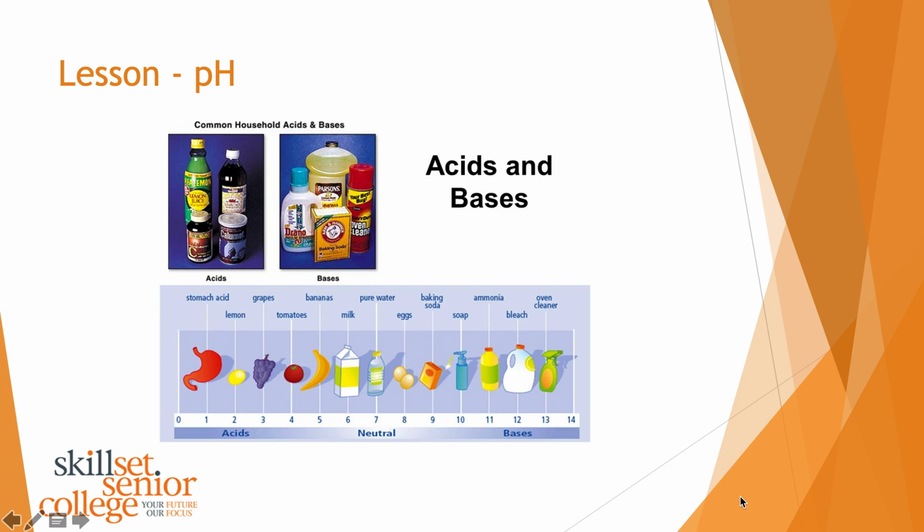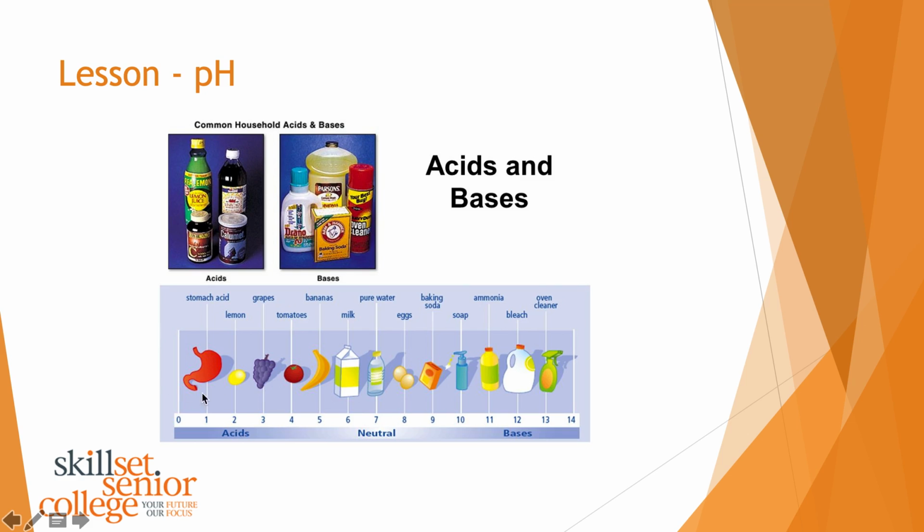Okay, I briefly mentioned this in the last lesson about pH, mainly when I was talking about the use of carbonate on the soil. You may or may not have come across pH before, and what you'll see here is a pH scale, and pH is a measure of how acidic or how basic an element, a compound, or a mixture is.